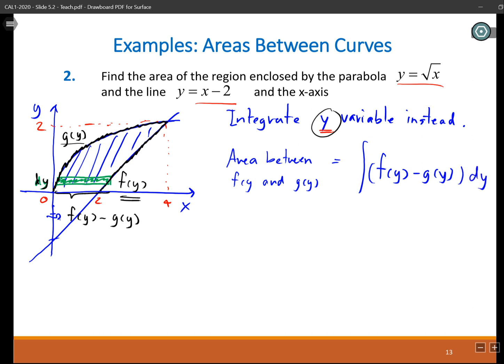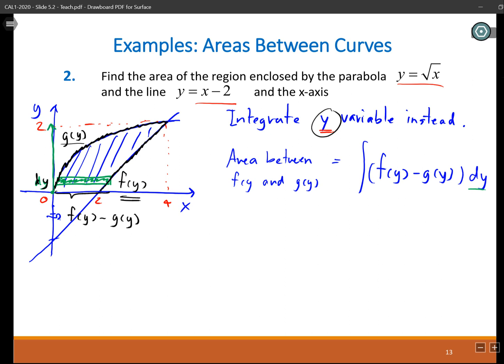Now we have to integrate over a certain range. This range is going to be on the y variable. So let's take a look at the y variable for the range of this region. You can see that the y variable starts from right here and ends there.